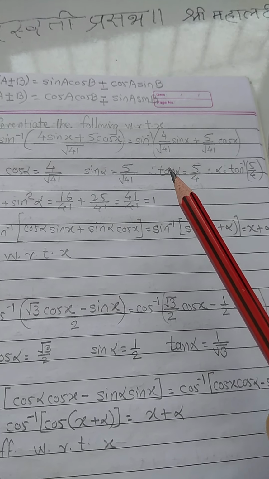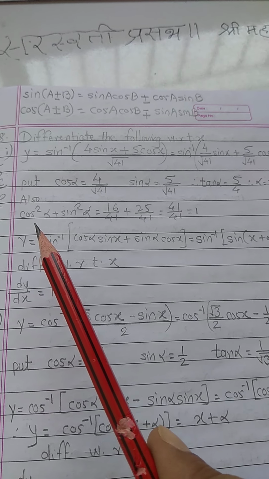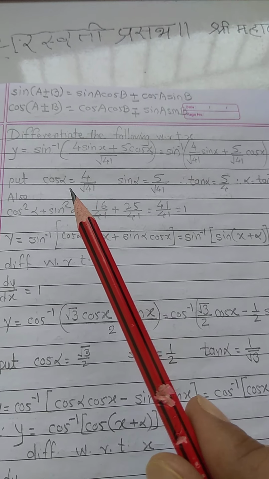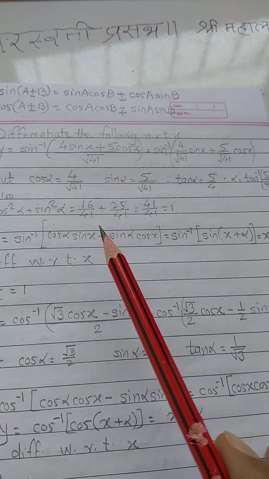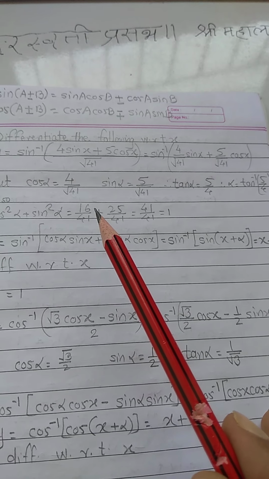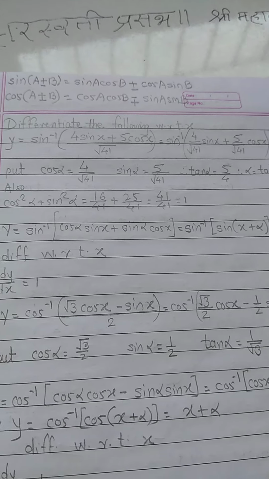Alpha, the constant, is tan inverse of 5 by 4. Also, we should check that cos square alpha plus sin square alpha is 1. Here cos square is 16 by 41 and sin square is 25 by 41. Addition of that is 41 by 41, that is 1.